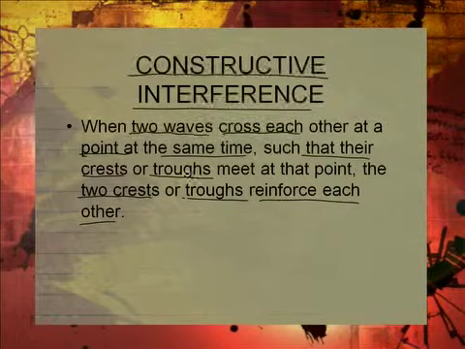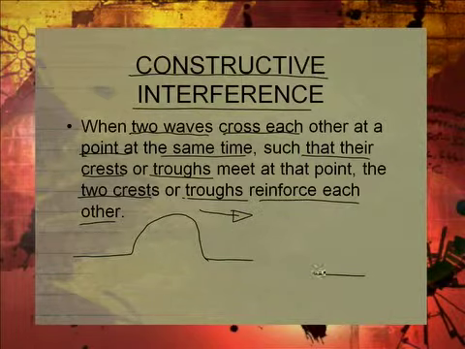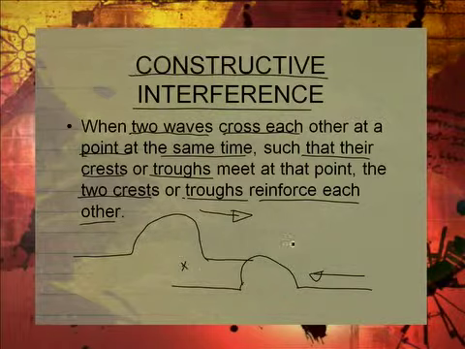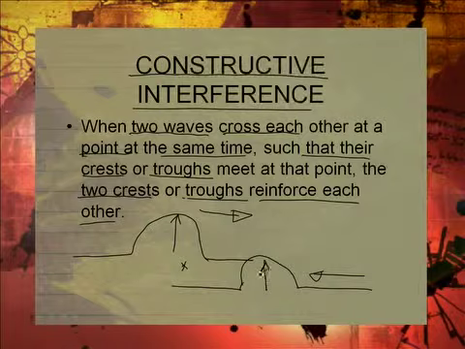In other words, say this one is a crest moving that way, then there's going to be a crest moving in that direction. At the point where they meet, they are going to reinforce each other, and when they reinforce each other, you can see that the amplitudes are in the same direction there, so you're going to have the two together.